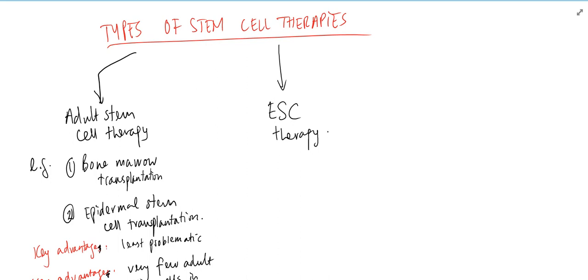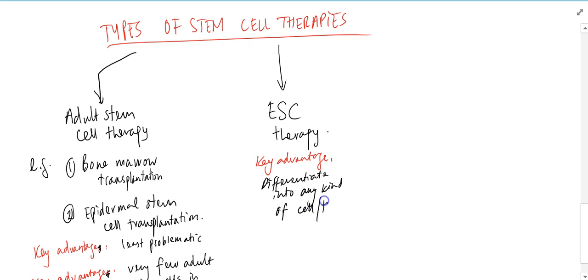So their key advantage is that they can differentiate into any kind of cell or tissue, theoretically.